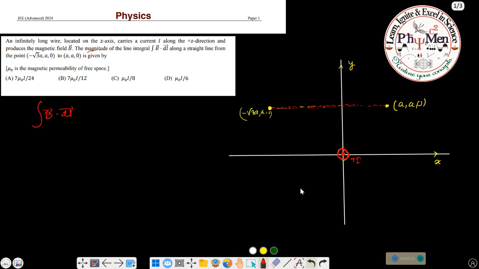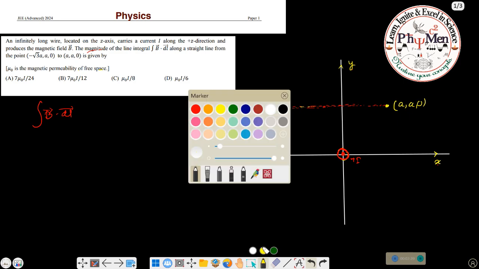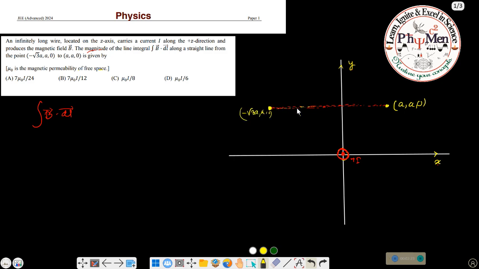So first, let me take a small element dx along this line.